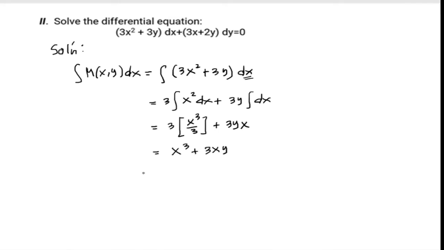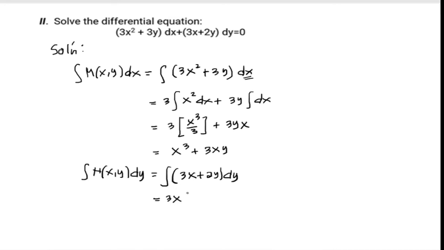Then we are going to integrate our n. So we have here integral of 3x plus 2y dy. This is dy, therefore x is assumed as constant. Similarly, I'm going to write this into two integrals, and the constant will be written outside the symbol of integration.